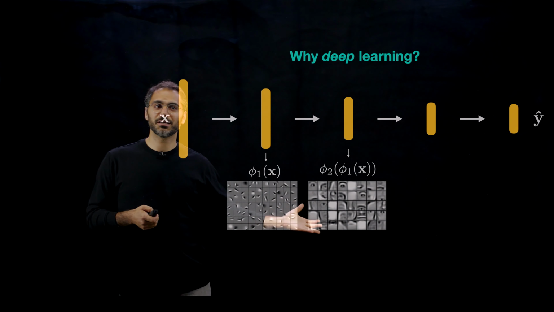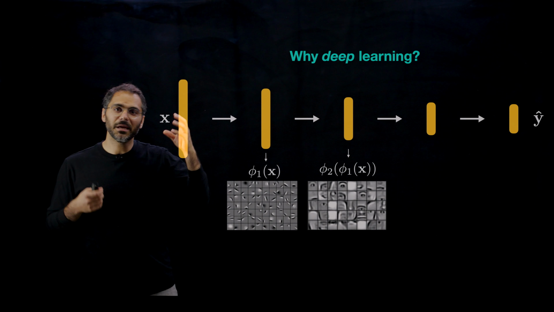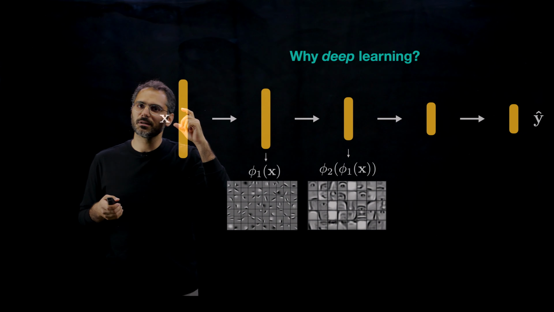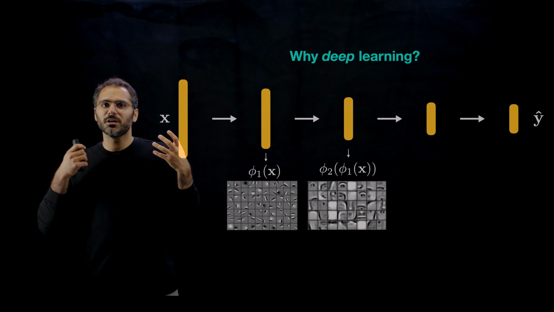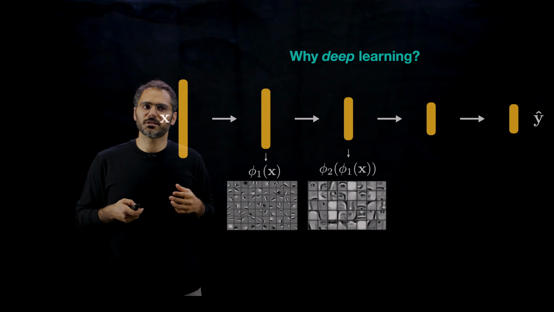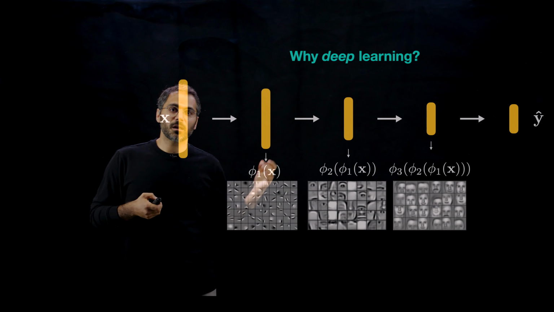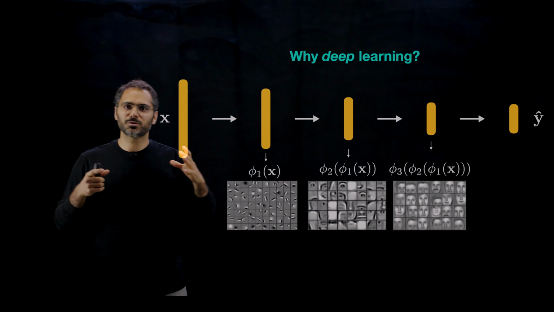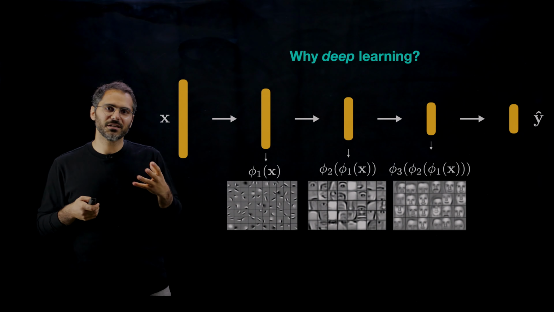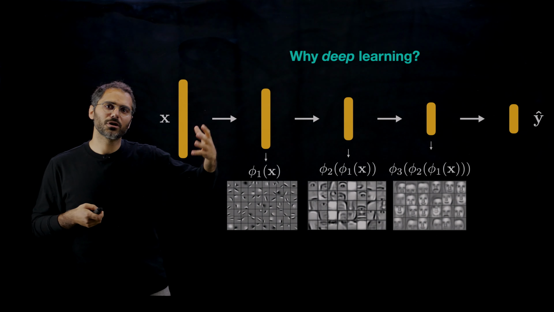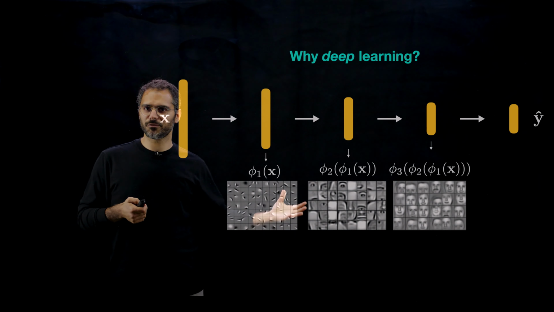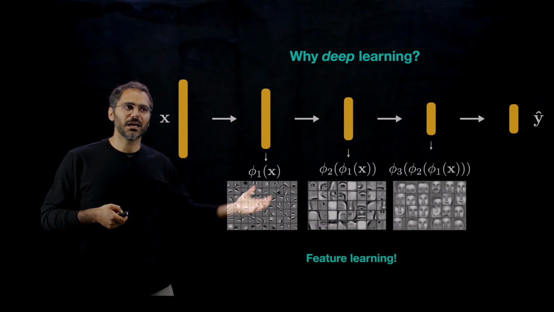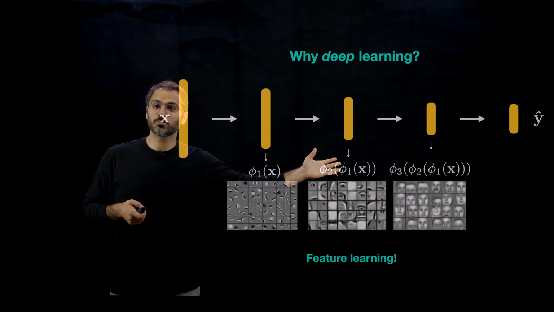The second hidden layer will capture main features of your face, for example, the eyes, the nose, the mouth, the ears, etc. And then once you get towards the end of the network, you start capturing bigger features of the face. So this representation of the input becomes more and more abstract, until at the end you can make a useful prediction, which is y hat.